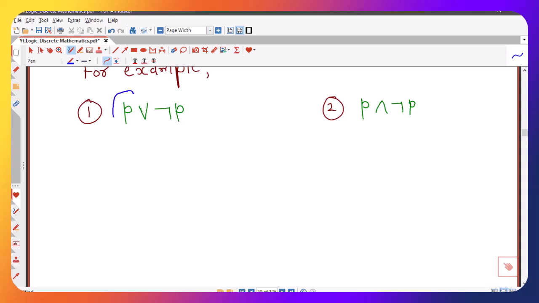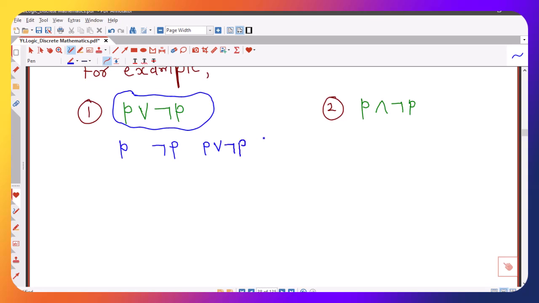Suppose I want to determine the truth value of this compound proposition, using the propositions P and negation of P. We can check by using a truth table. I have P and negation of P here, and I am considering the disjunction operator.